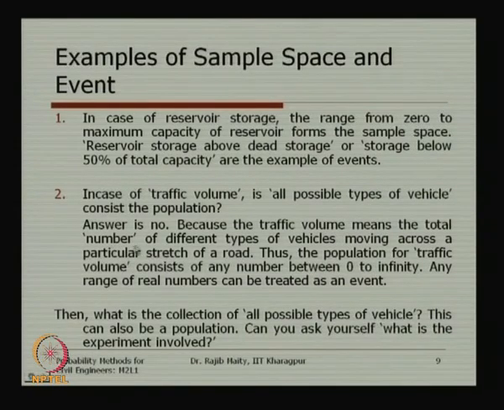So this is the number that I want to stress here. By definition, that number is your traffic volume. So the total sample space for the traffic volume consists of any number between 0 and infinity.